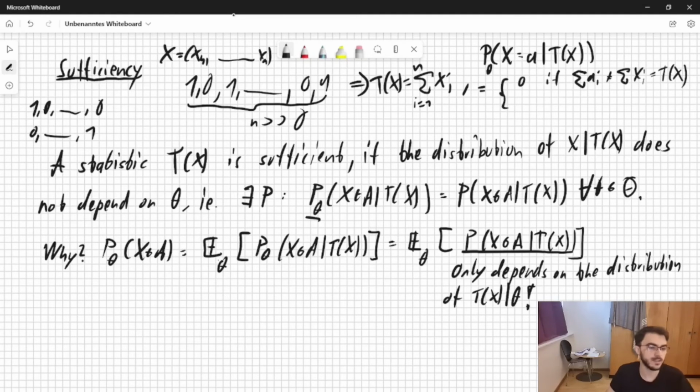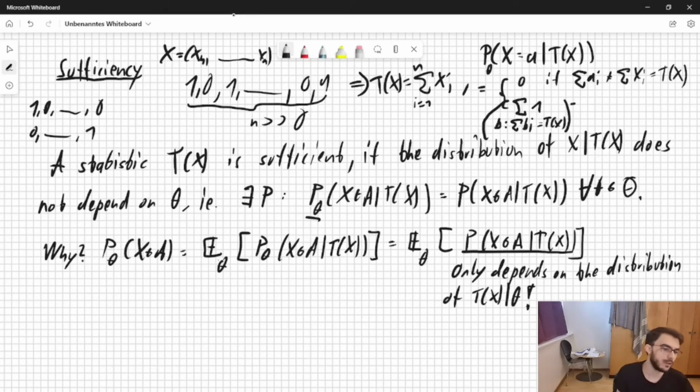So we can just sum over every possible b, such that the sum of bi is the sum of the xi, which is T of X, and this is the amount of all of the possibilities, and a is just one part of this.